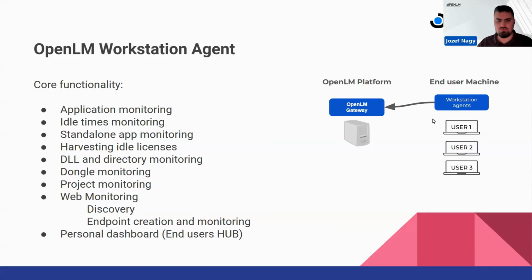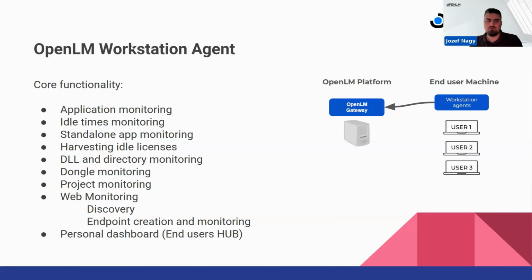I think we have one case with Bentley: when it loads some of the add-ons, it will load just the DLL file and will not consume the license. You can monitor the DLL files, and it will show you that specific add-ons are running. For directory monitoring, you can specify specific directories on the computer, and if somebody accesses the directory, it will show you an alert.